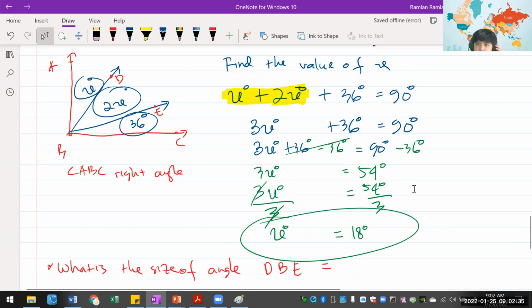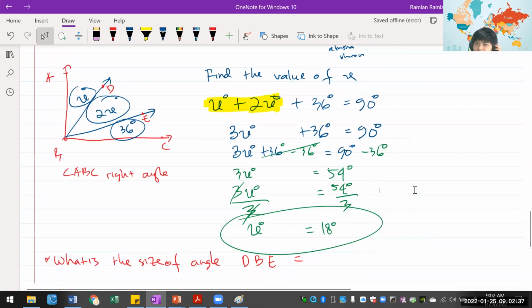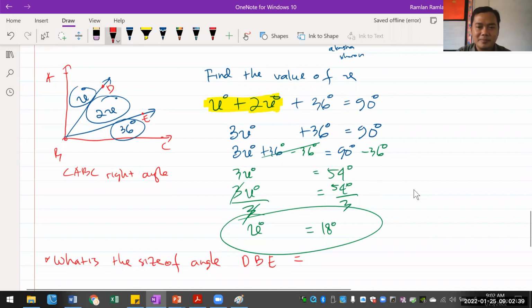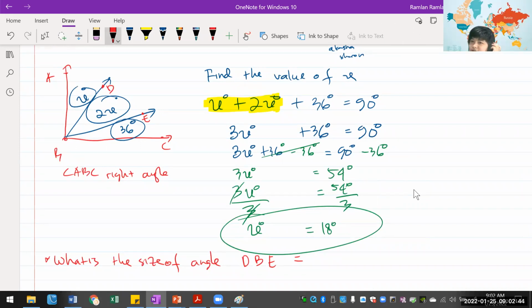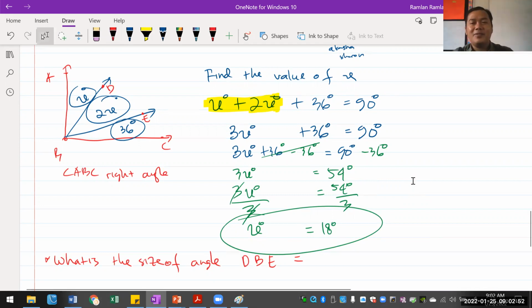So, DBE? Yes, go ahead. 2x. Yes. Now, we know x is around 18 degrees. So we just times it by 2 because there's 2x. Yes. Very good.